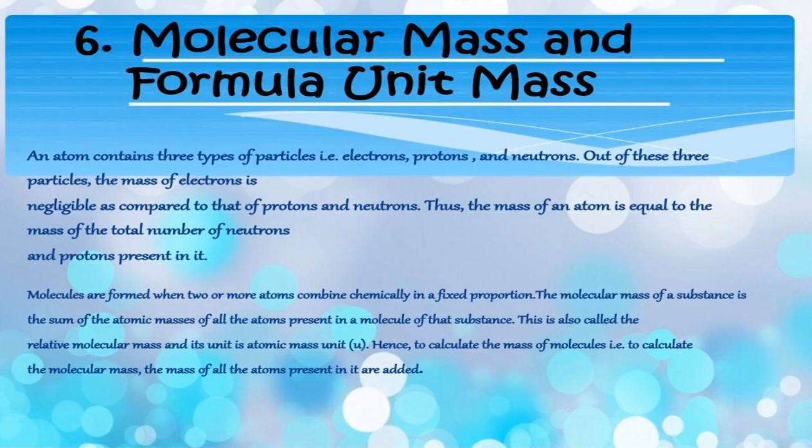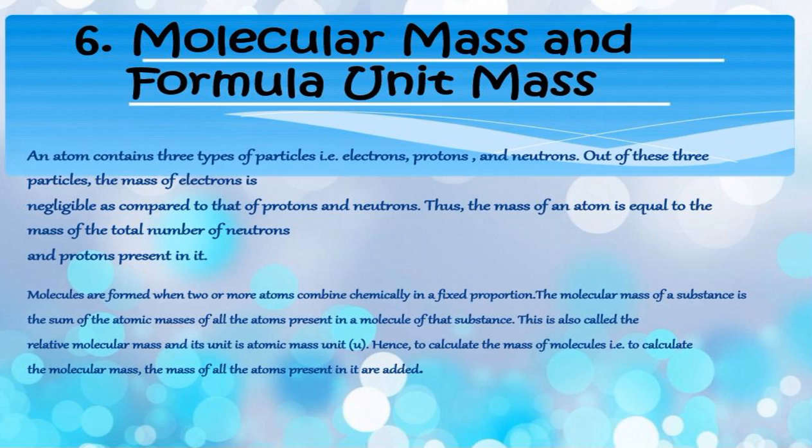Molecular mass and formula unit mass. An atom contains three types of particles, that is electron, proton and neutron. Out of these three particles, the mass of the electron is negligible as compared to that of proton and neutron. Thus, the mass of an atom is equal to the mass of the total number of neutrons and protons present in it. Molecules are formed when two or more atoms combine chemically in a fixed proportion.